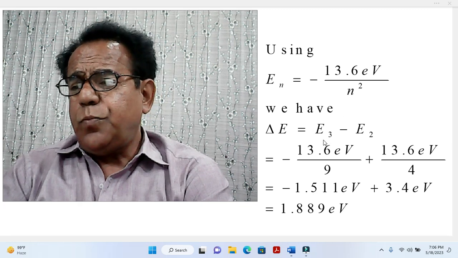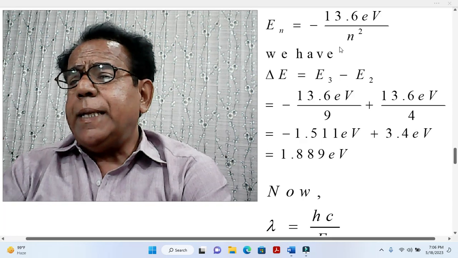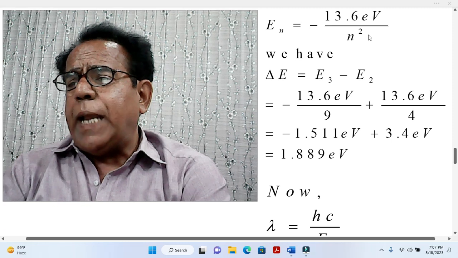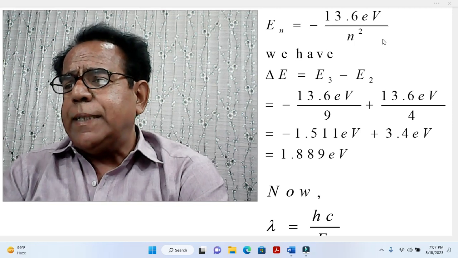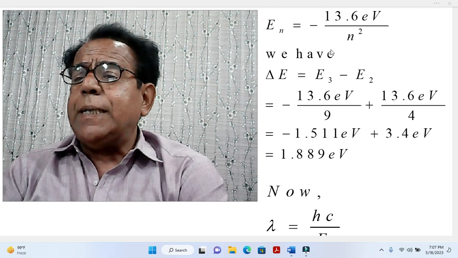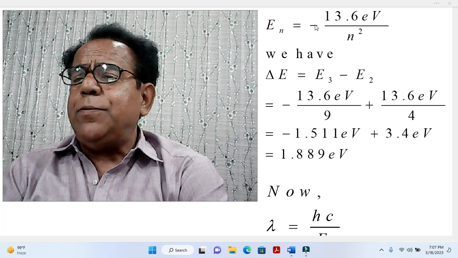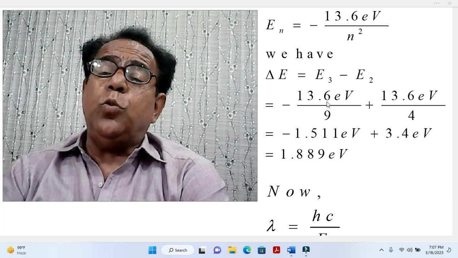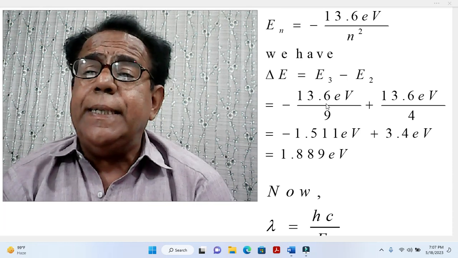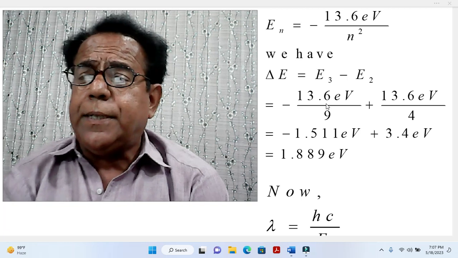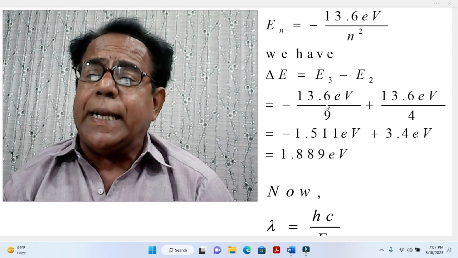So delta E will be equal to E3 minus E2, and in this expression, once we put n equal to 3, and then we put n equal to 2, we will subtract these. When we subtract E3 minus E2, and E2 is already negative, it will become positive, because we know that multiplication of two similar signs always gives a positive result, while multiplication of two different signs gives a negative result.